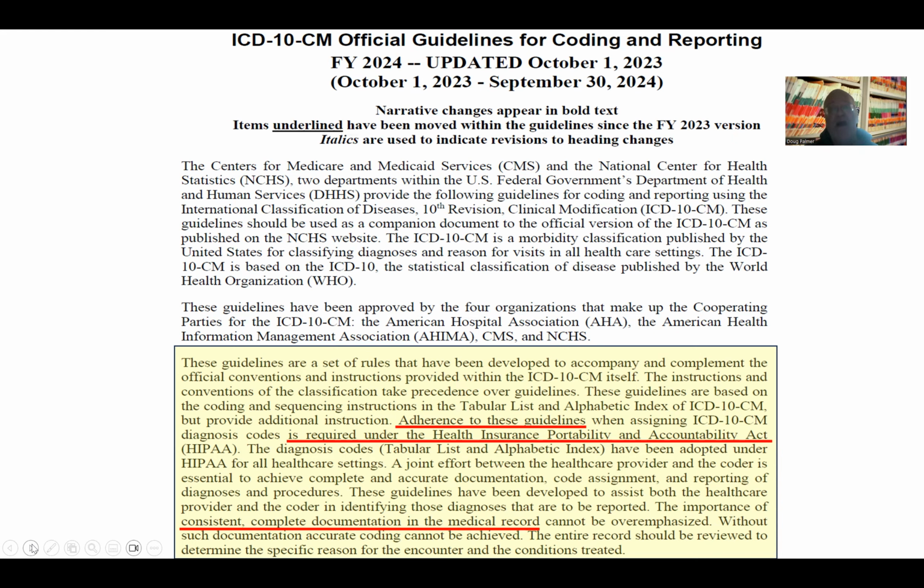Whether a coder is certified or not, no matter who they're certified through, none of that matters. If you are assigning codes, you are subject to all the regulatory compliance issues, no matter what your certification is, no matter who it's through.